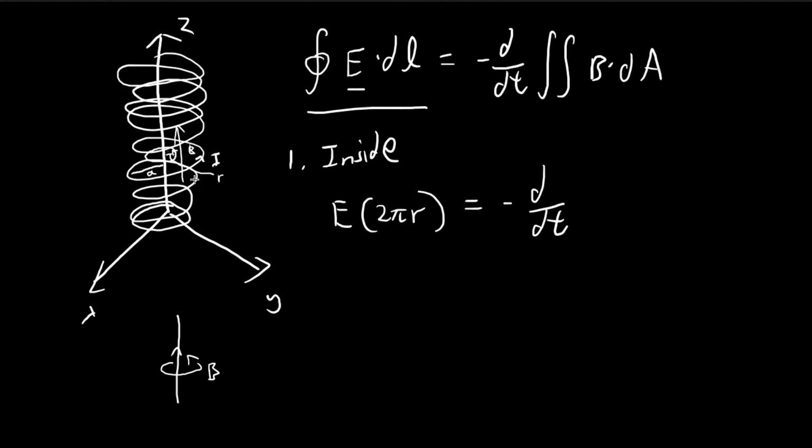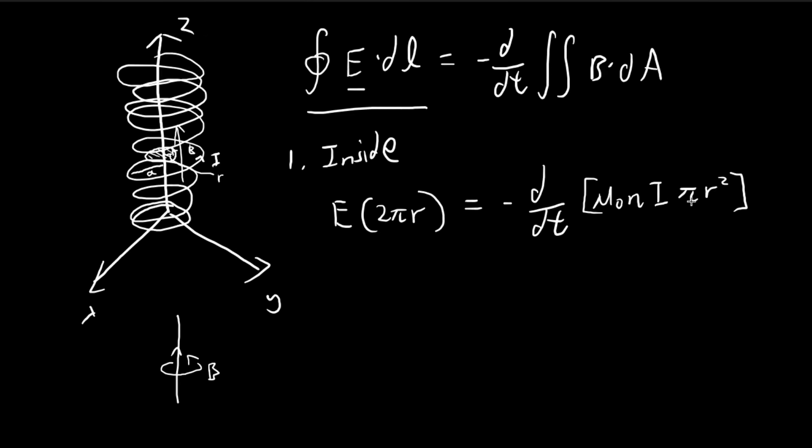So what is the flux? Recall from chapter 5, you can use Ampere's law to derive this again, that the magnetic field inside the solenoid is uniform and equal to mu times n times I. Since we're calculating the flux, we also need to multiply it by the area. The loop that we've just drawn encloses an area of pi r squared.